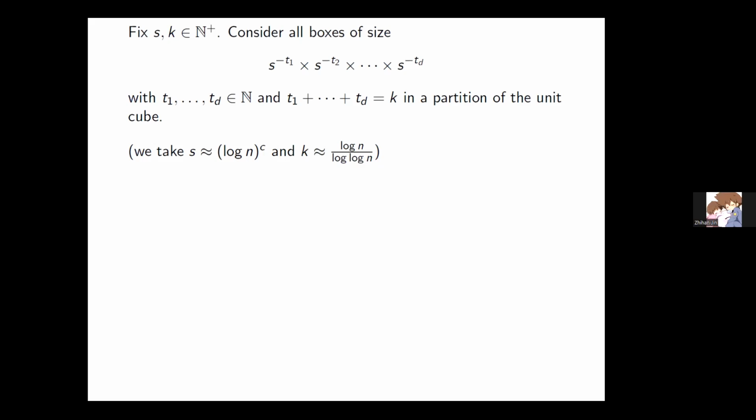Could you say it again? If in this construction you could take S equals 2 or just any constant, then you wouldn't need this extra log, and you would get the optimal thing. Maybe you can work with that as well, but I couldn't see a way to do that. Okay, thank you.